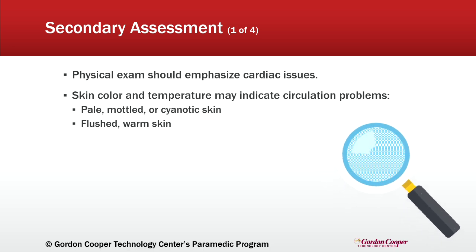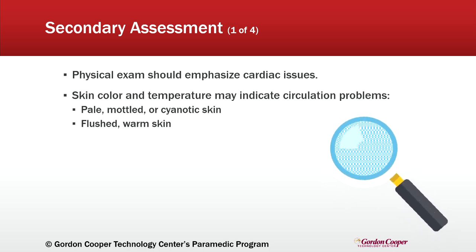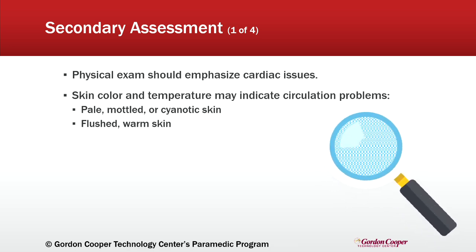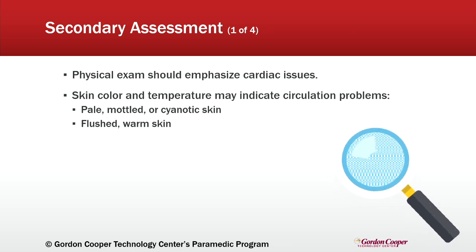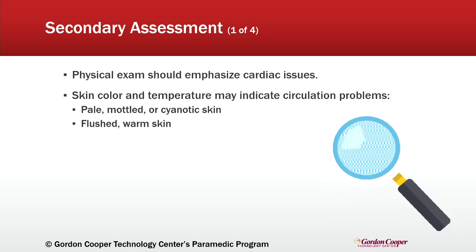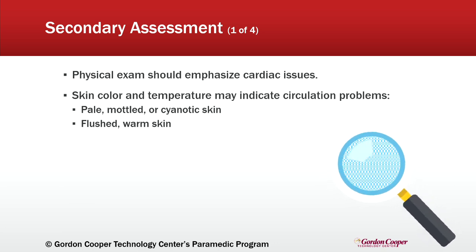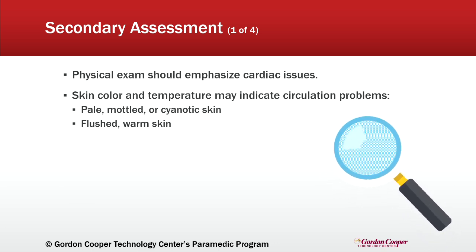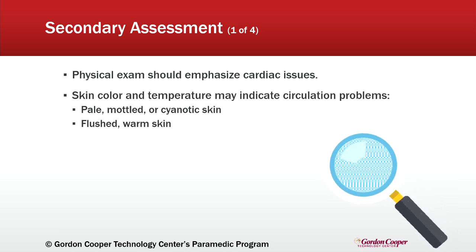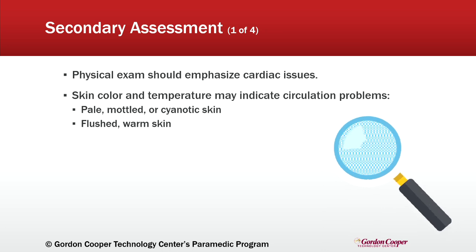Of course, skin color and temperature is an important thing. So that can give you ideas about signs of low cardiac output. So they might have pale or mottled skin or cyanotic skin. These changes can indicate poor blood flow, oxygenation issues, and all of these things warrant obviously immediate attention.